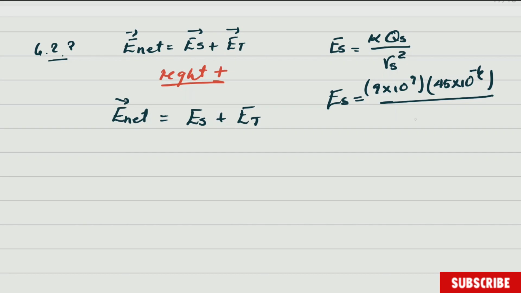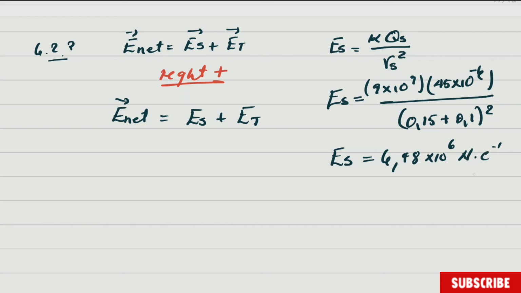And the distance was, I'm going to write 0.15 plus 0.1, all that squared. That will give you ES. So this first one will give you 6.48 times 10 to the 6 Newton per coulomb, and then we have to do the same for ET.